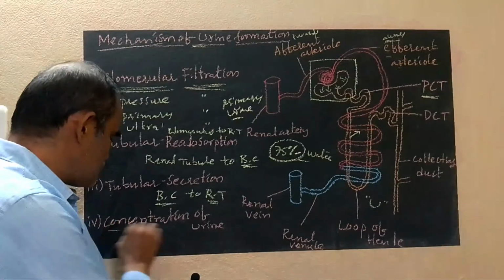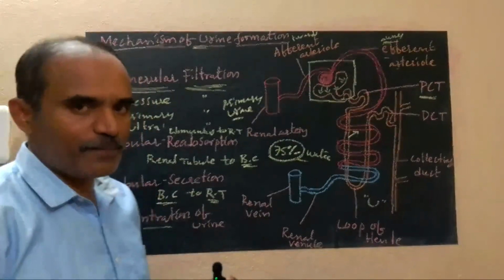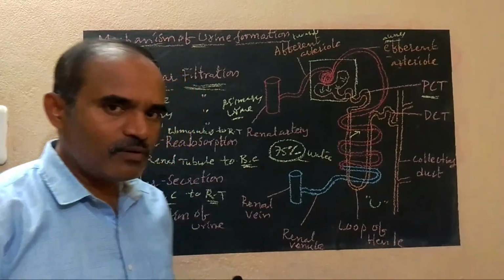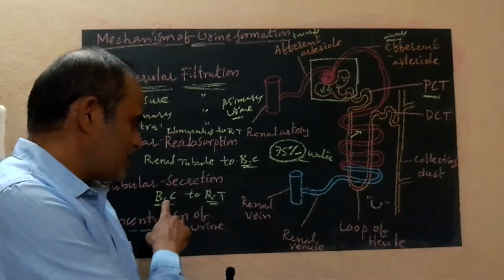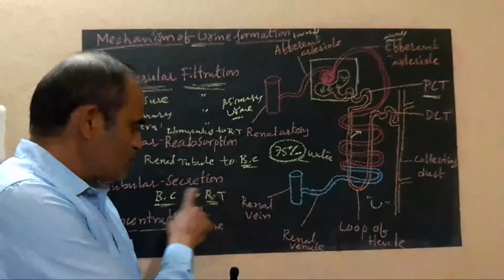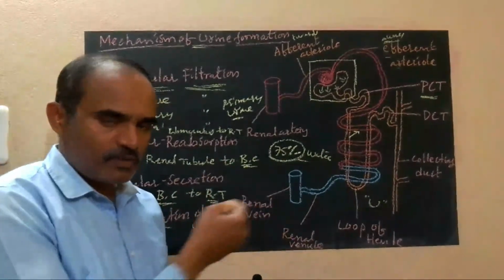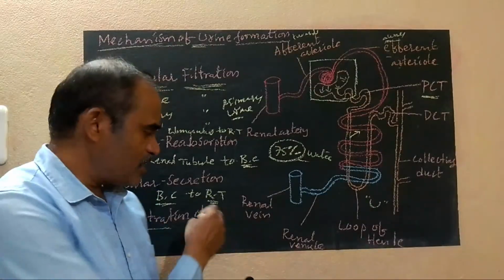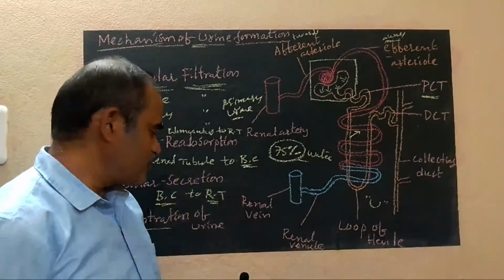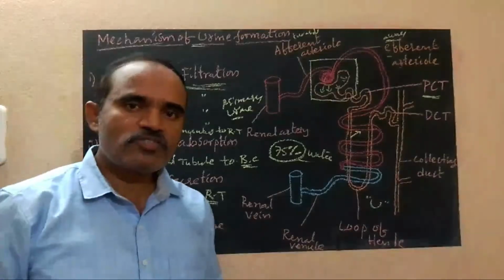Next and last stage is concentration of urine. Here, all the waste materials are secreted from the blood capillaries to the renal tubule, and it decides the pH of urine.